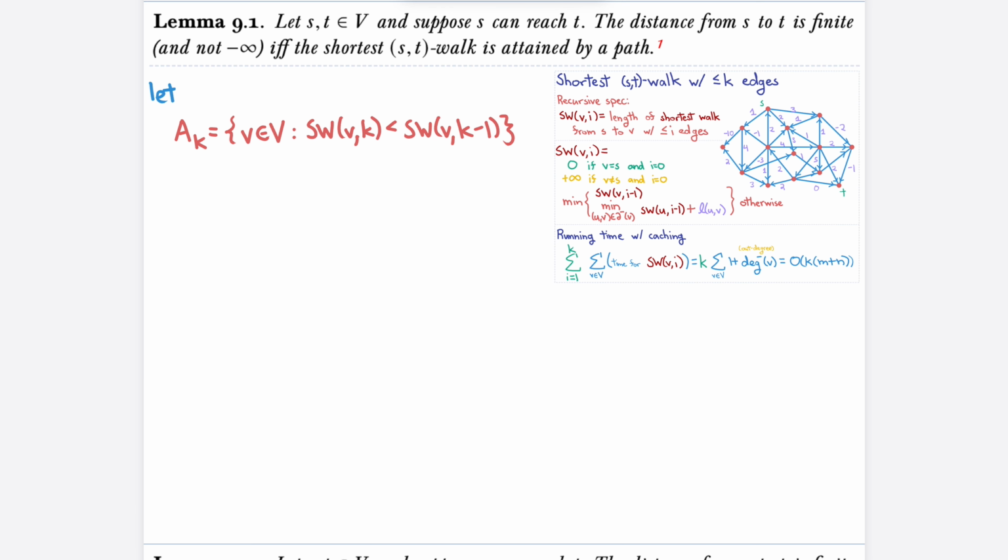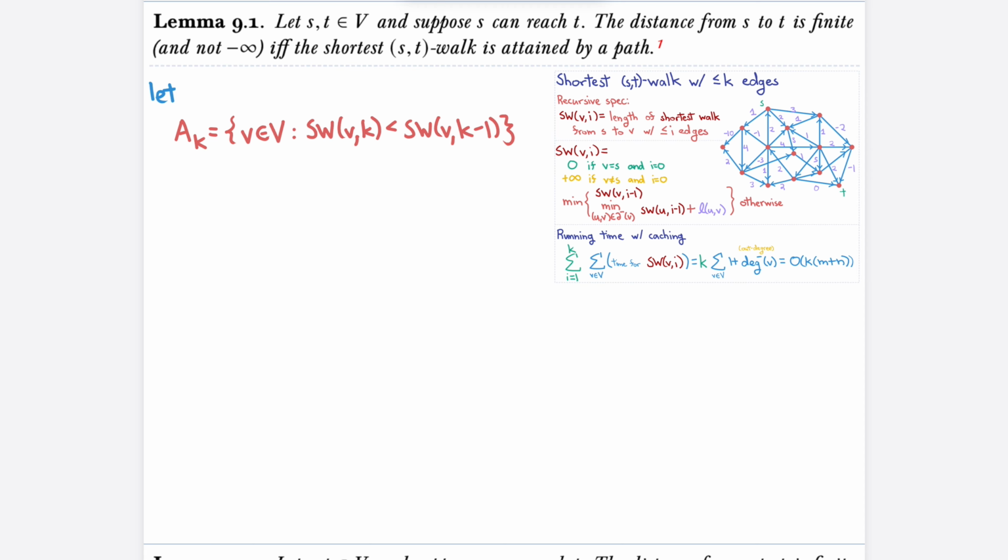So I'm looking at distances from S, and as I go from iteration 99 to 100, which vertices had their distance values go down? Some may stay fixed because somehow the 100th edge didn't help, but some may go down. So A sub k is tracking which vertices had their distance improve in the kth iteration.